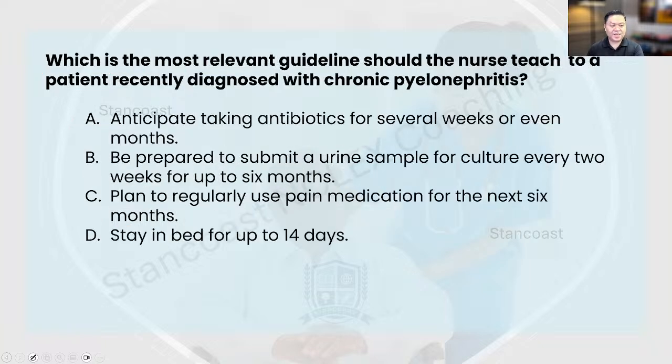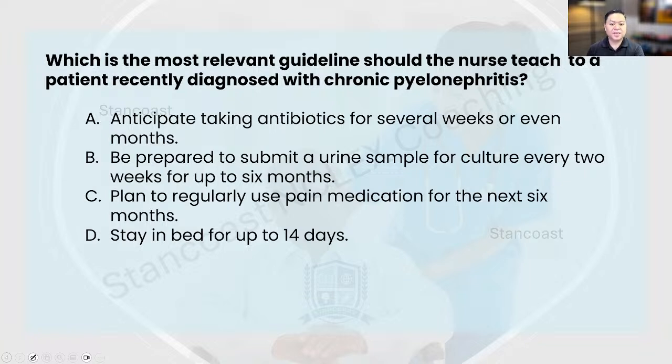Now moving on to the next item, which says, which is the most relevant guideline the nurse should teach to a patient recently diagnosed with chronic pyelonephritis? Again, which is the most relevant guideline the nurse should teach to a patient recently diagnosed with chronic pyelonephritis? Is it A, anticipate taking antibiotics for several weeks or even months?